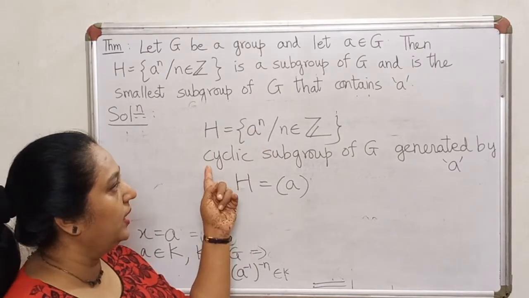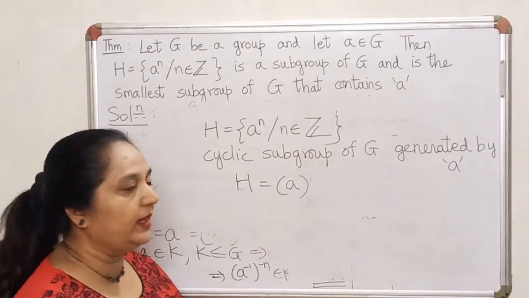And this subgroup is called the cyclic subgroup of G generated by the element A.